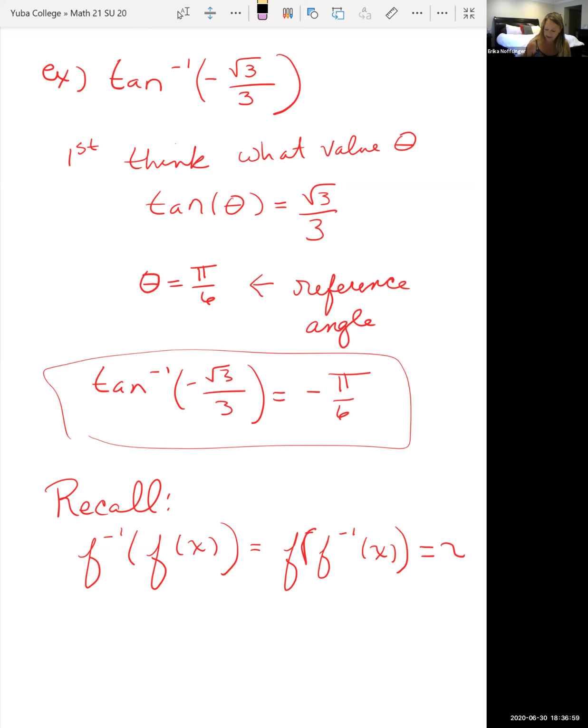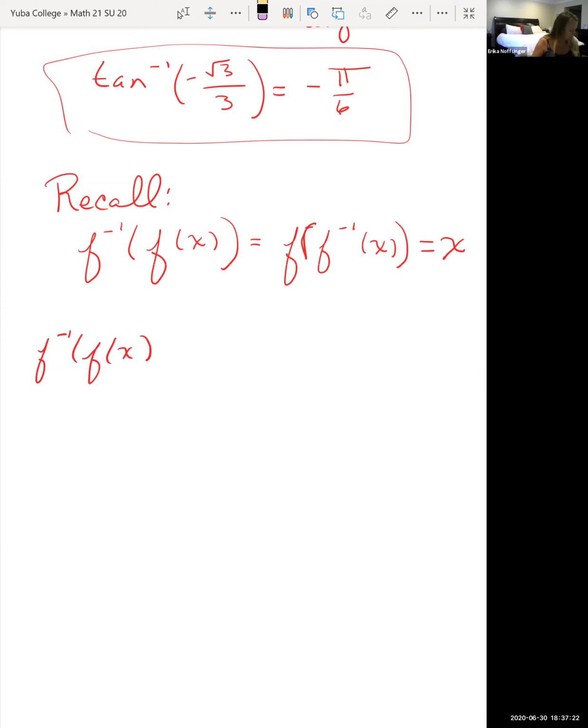And so if you're given this for sine, f inverse of f of x, equal to sine inverse of sine of x, well, think about this.